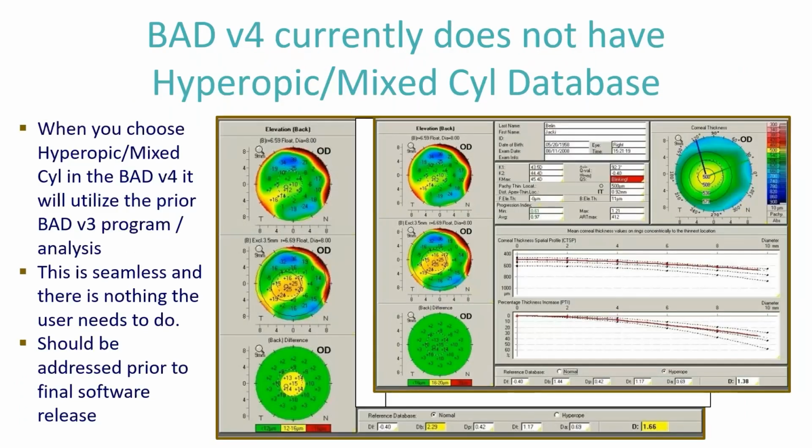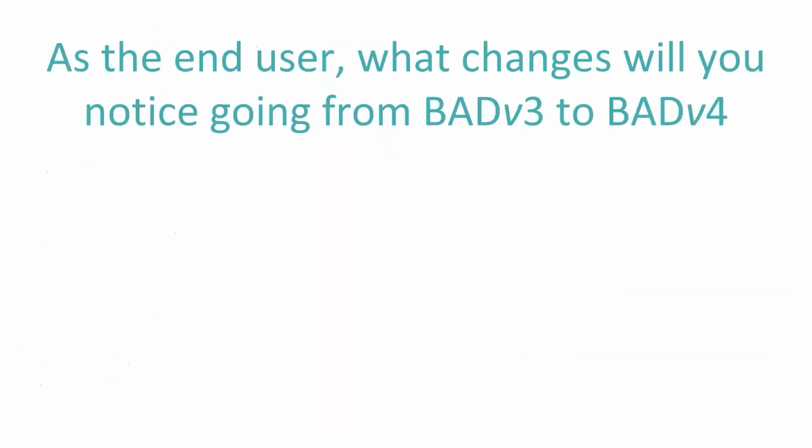We hope to correct this, but version 4 currently does not have a hyperopic mixed cell database. So if your patients are hyperopic and you check off hyperopic, it will still be analyzed using the version 3 formula. Hopefully that will be addressed in a soon updated release.